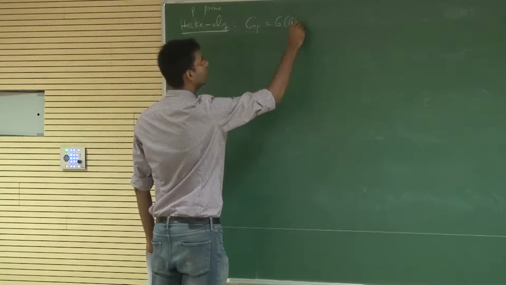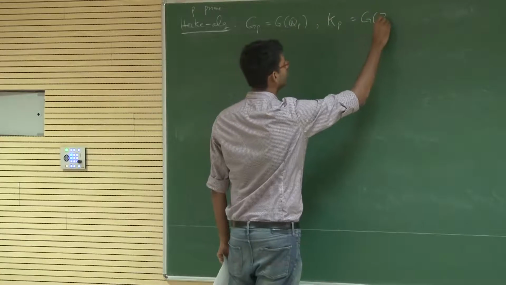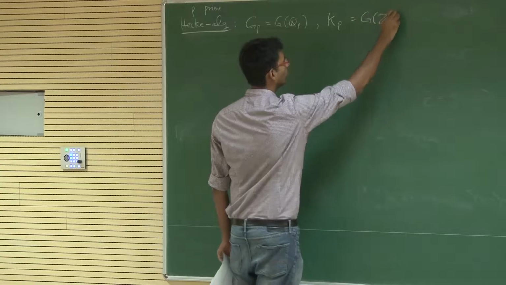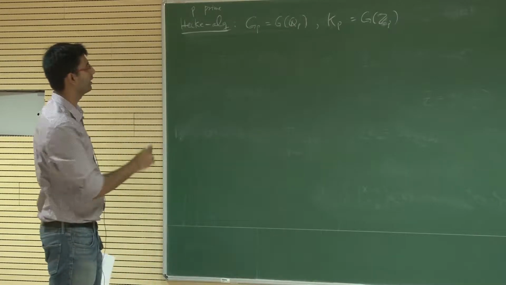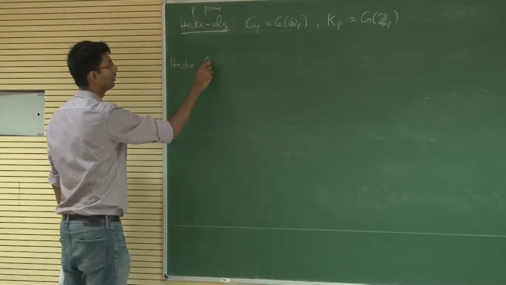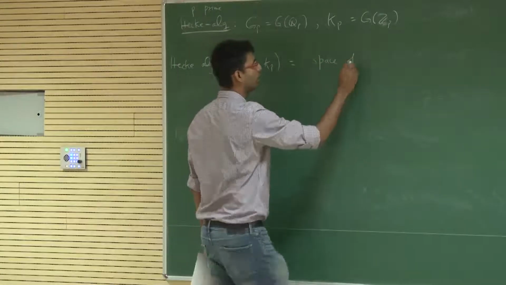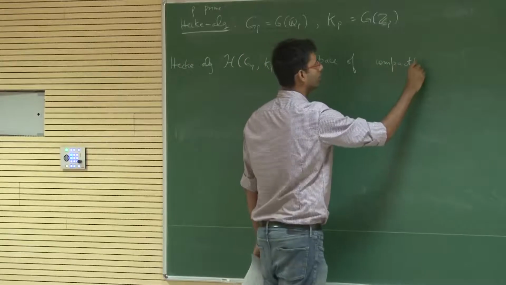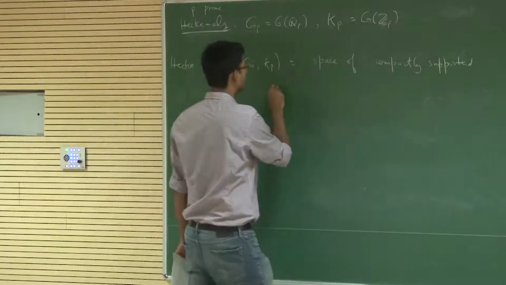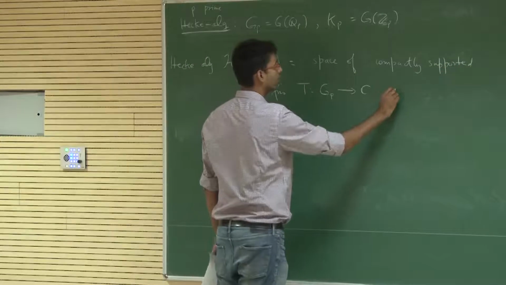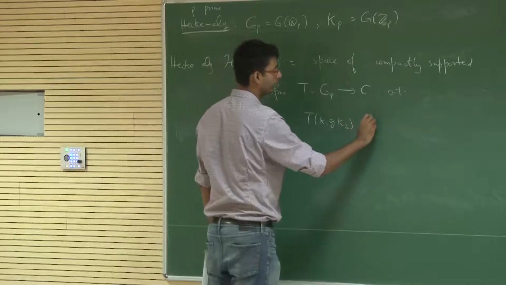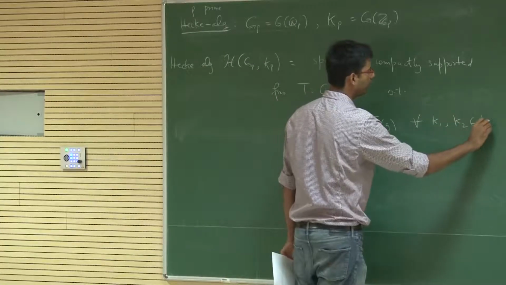So this is G of Q_p, and K_p is G of Z_p. I want to define the Hecke algebra H(G_p, K_p), and this is the space of compactly supported functions T from G_p to C such that T(k1 g k2) is T(g) for all k1, k2 in K_p.